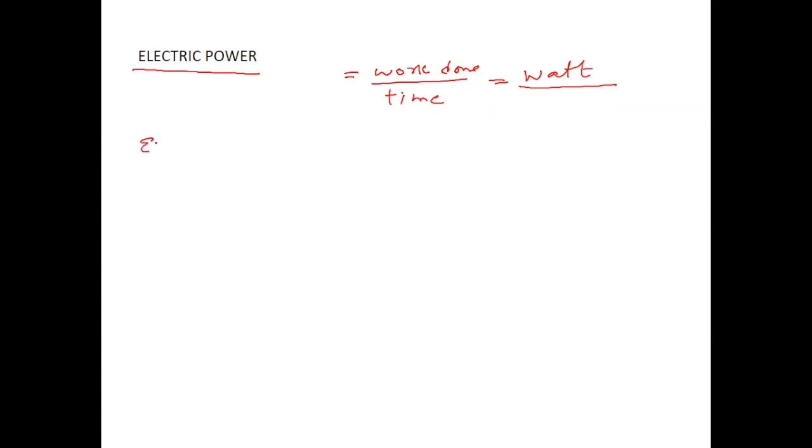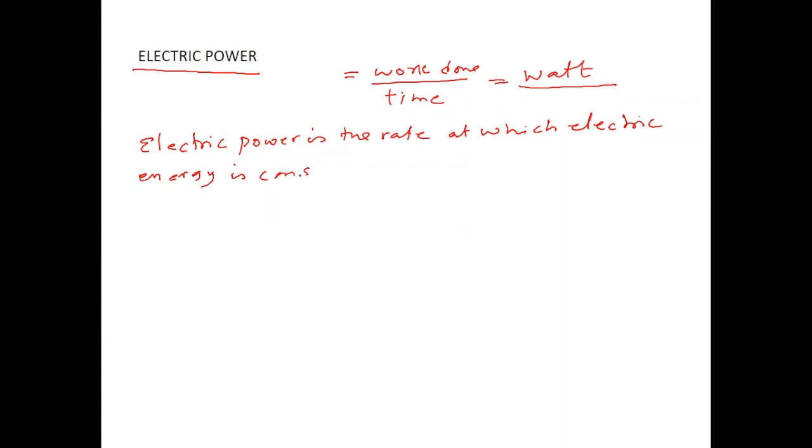So we can say electric power is the rate at which electric energy is consumed.